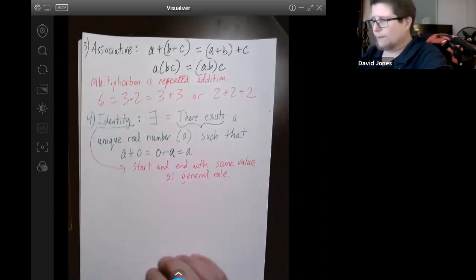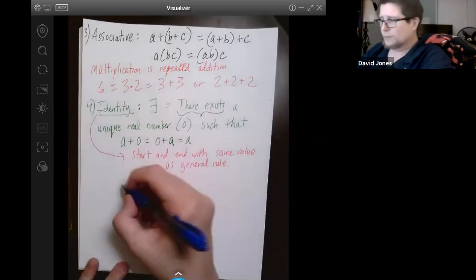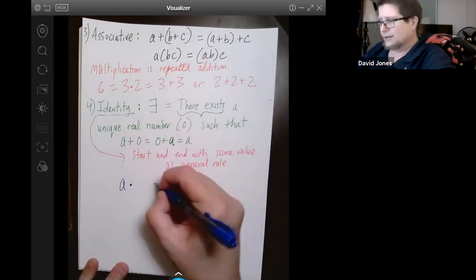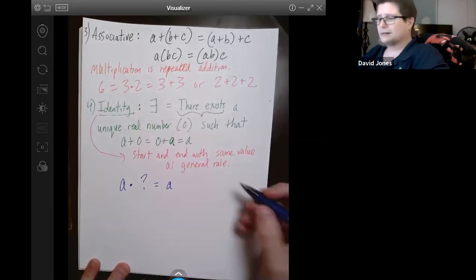Can you think of what might be a multiplication identity rule? What rule can we use that would give us the same starting number and ending number if we had multiplication? What do I need to multiply A times to end up with A? 1.